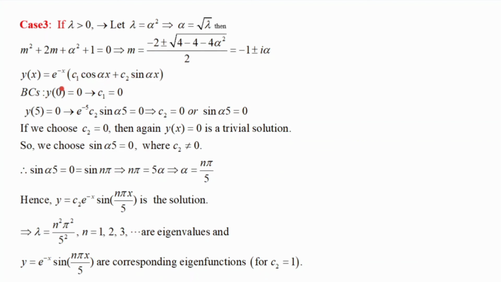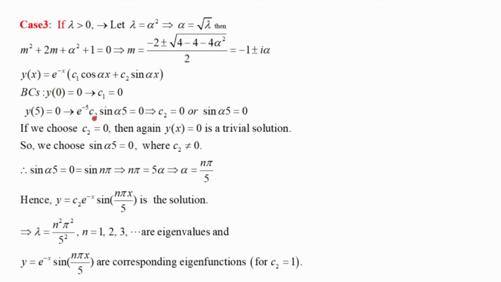Applying the first boundary condition y(0) equals 0, when we put x equals 0 in this equation, cos 0 is 1, so C1, e power 0 is also 1. Here C2 times sin alpha 0, sin 0 is 0, so these terms become 0, and we get C1 equals 0. Now we apply the second boundary condition y(5) equals 0, putting x equals 5: e power minus 5 C2 sin alpha 5, because C1 is already 0.